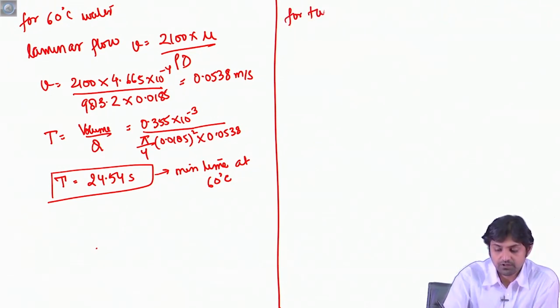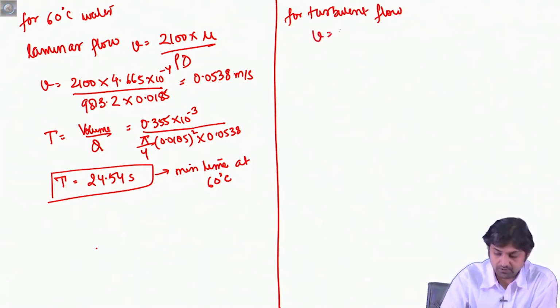For turbulent flow we do a similar thing, 4000 into mu by rho d.